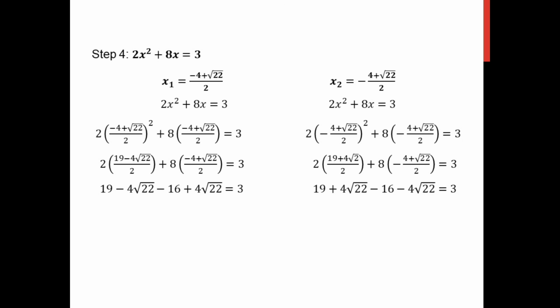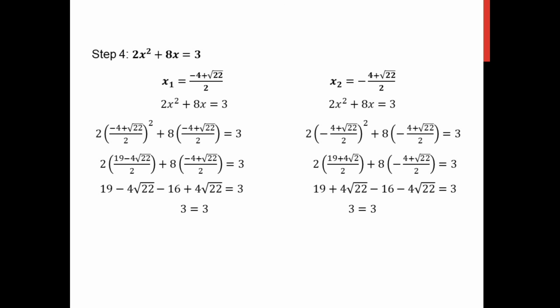Then in our x sub 2 we also cancel 2, then we have 19 plus 4 square root of 22, minus 8 divided by 2 is 4. So we have 4 times negative 4 is 16, and 4 times negative square root of 22 is negative 4 square root of 22, equals 3.